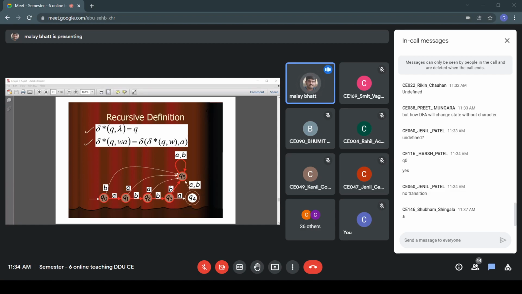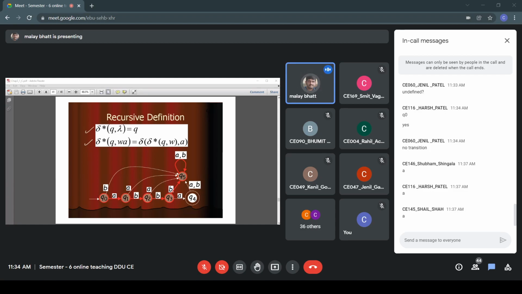Yes, w is a, only one element, and in wa, the last symbol a is equal to b in this case. So we can match like this: w equal to a and a equal to b, as per the definition.